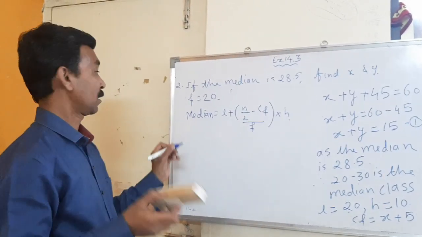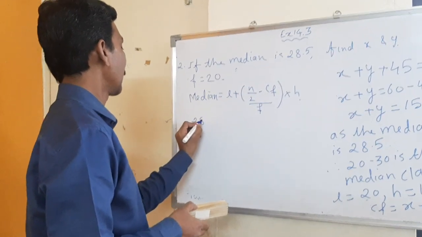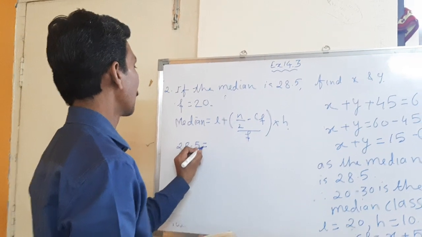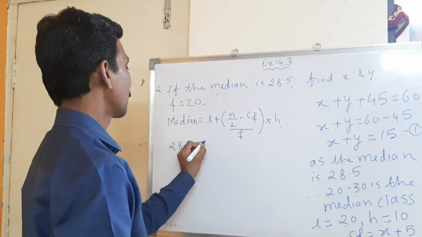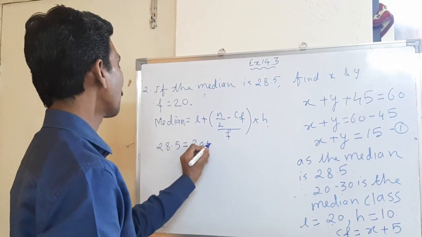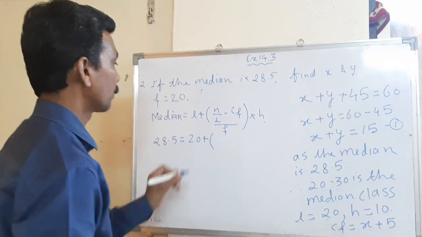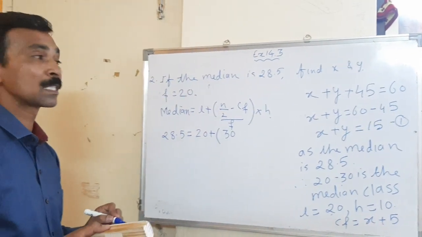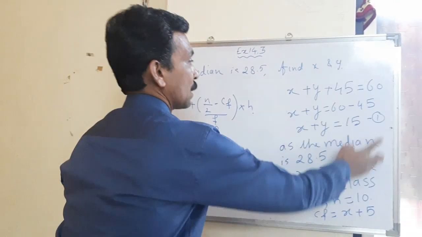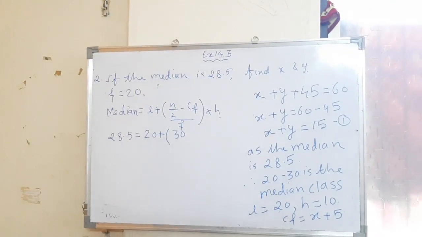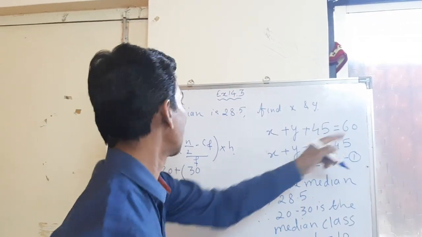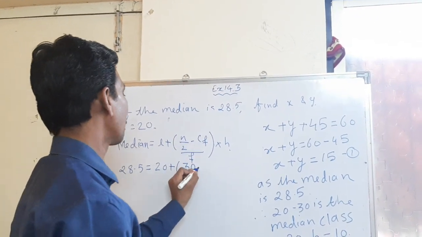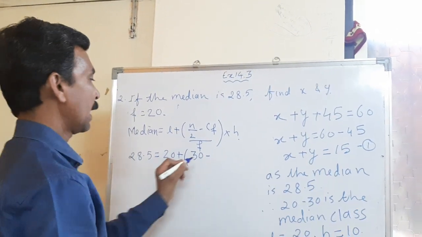Median is given, that is 28.5, equal to the lower limit 20 plus n by 2, which is 30 because the total was 60, minus CF, which is x plus 5.